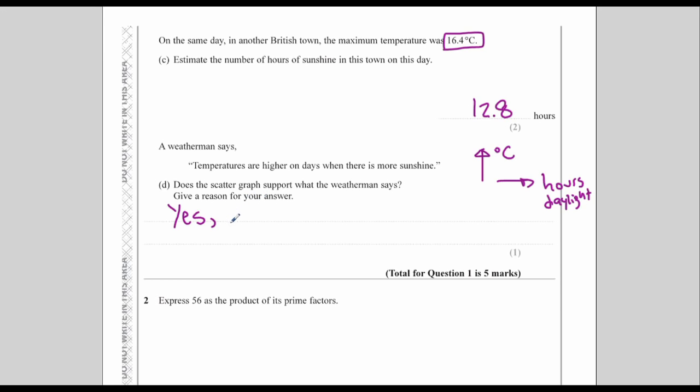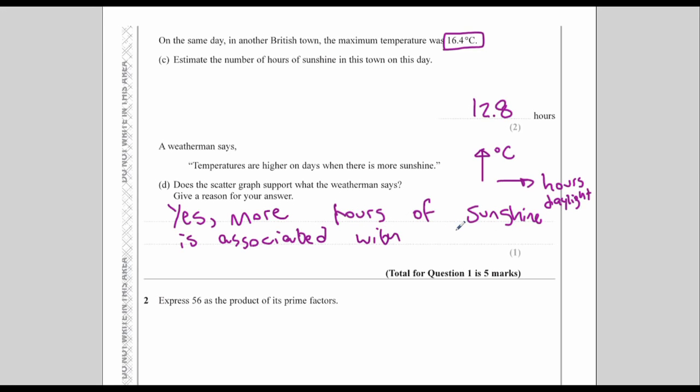So more hours of sunshine is associated with a higher max temperature.